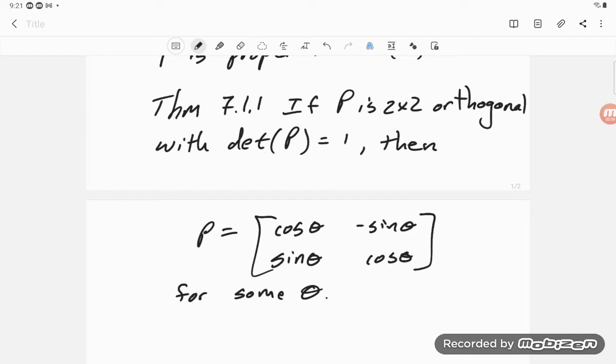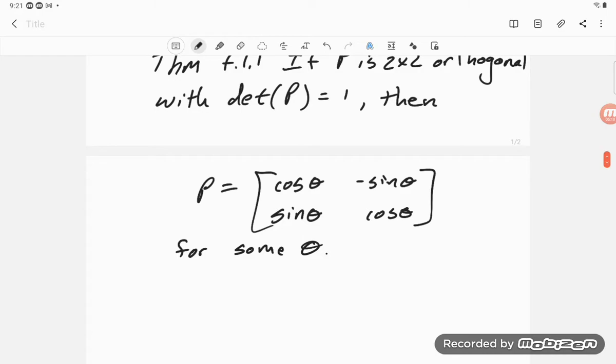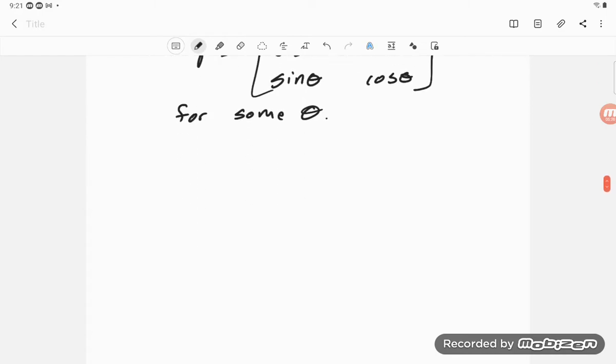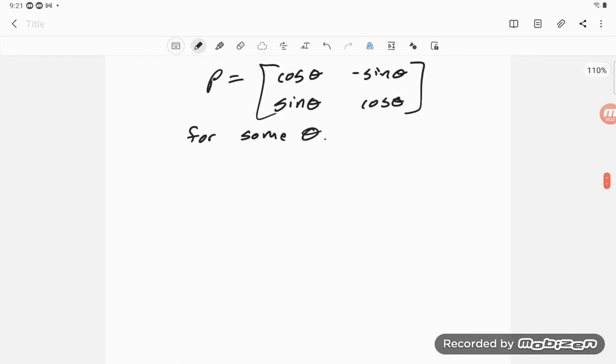It says, if I know P is orthogonal with determinant 1, then this has to be true. I haven't really thought about the proof for this. What we're told is that P transpose P is equal to I, and further, the determinant is 1. That'll have to do with the sign of things, I think. And now I know it's 2 by 2.